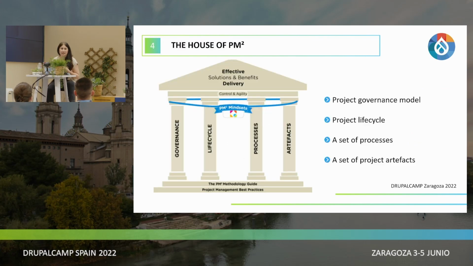And what really makes the difference, or I believe it makes the difference, is that it's built on 4 main pillars, which are a governance model, which by the way I think is very needed in the projects to define roles and responsibilities, a very good project life cycle that is including phases, deliverables, stakeholders, who is responsible of what, who has to be informed of what, etc. And as I already mentioned, a set of templates.